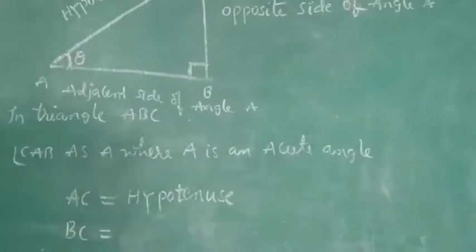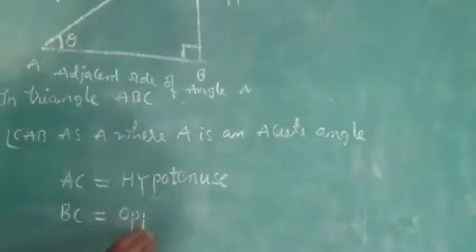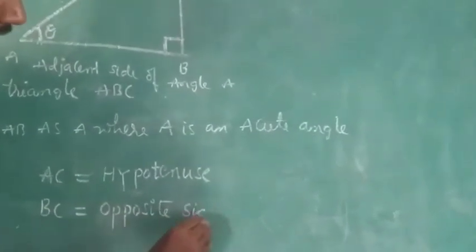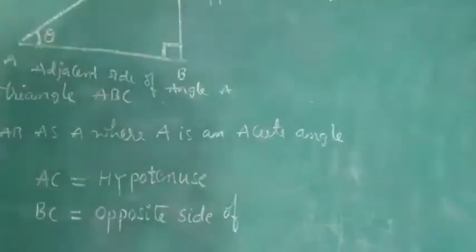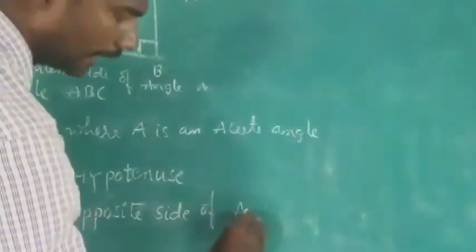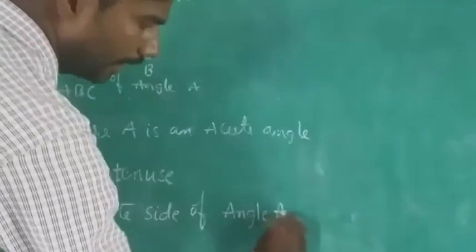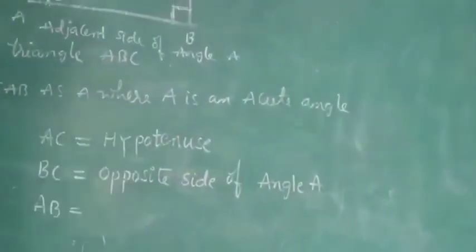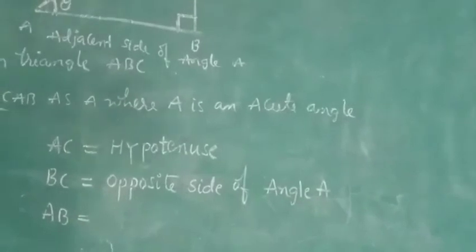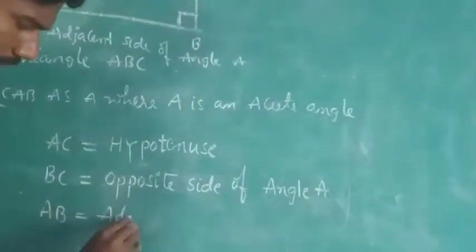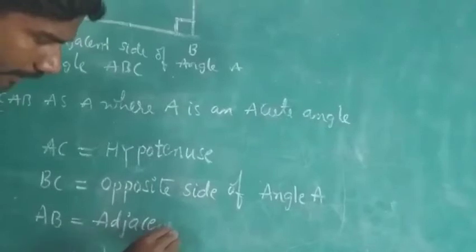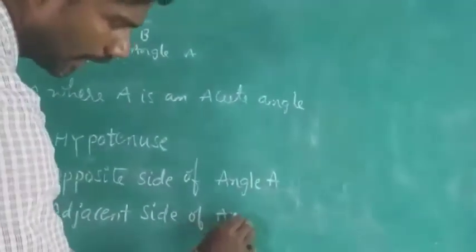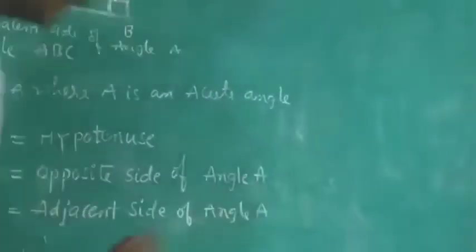BC, I told you clearly, is the opposite side of angle A. Then what about AB? AB is the adjacent side of angle A.